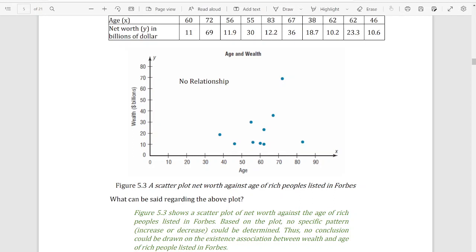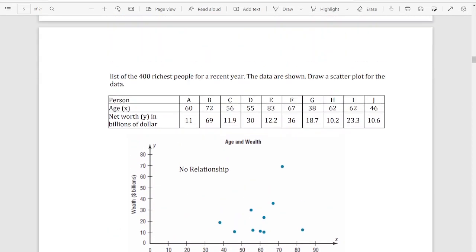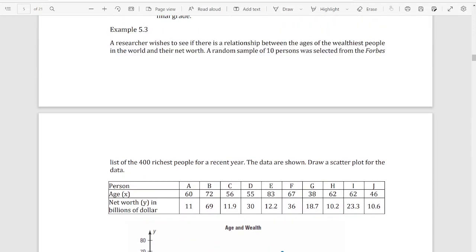Okay, ini satu lagi contoh untuk melihat relationship. So kita tengok situ. So for those yang tengok soalan dia, so this is the question. Okay, a researcher wishes to see if there is a relationship between the age of the wealthiest people in the world and the net worth. A random sample of 10% was selected from the Forbes list of the 400 richest people for the recent year.